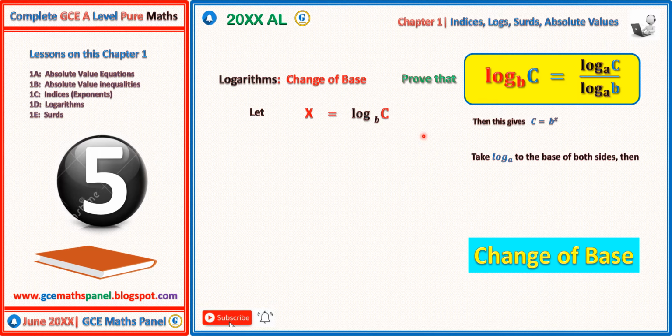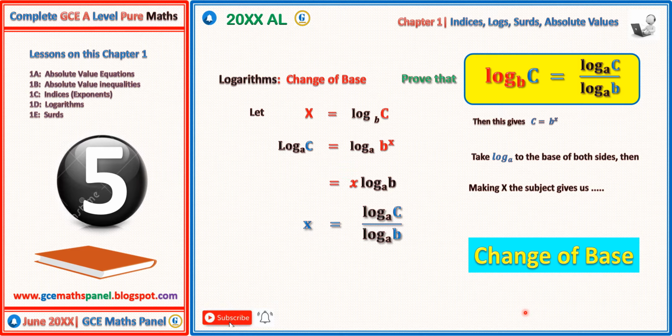And when we take log base a on both sides, for this c equals b to the power x, we will have log c base a equals log b to the power x base a. Bringing the x in front, we obtain this quantity, and we can now solve for x. When we make x the subject of the formula, we will have x equal to log c base a over log b base a.